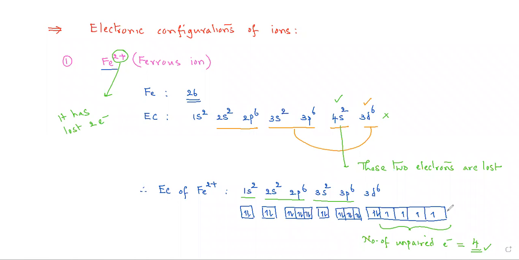And now suppose you take the configuration of iron plus 3, what would it be? Obviously, let me first write the configuration of iron. Then we will remove 3 electrons. Right.